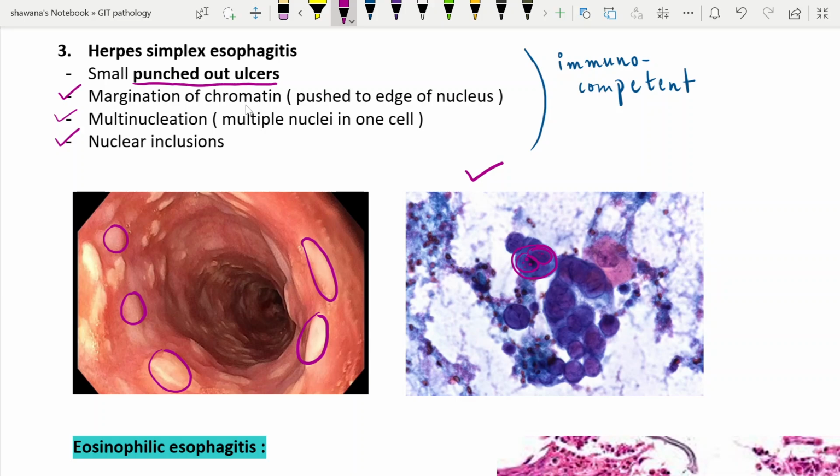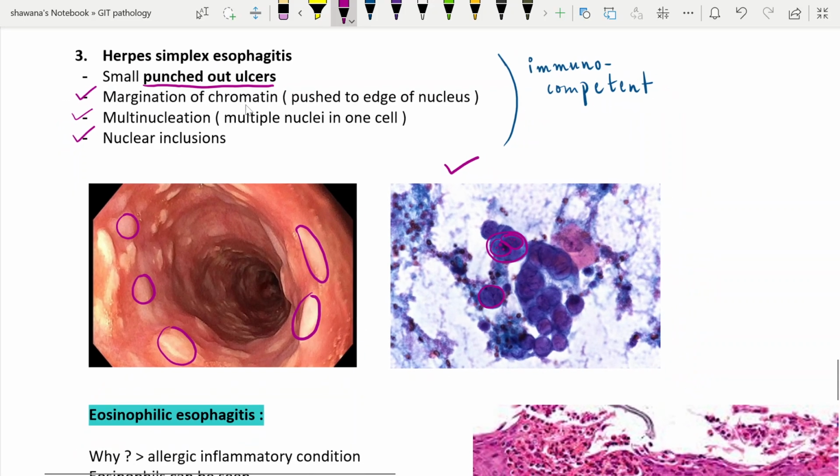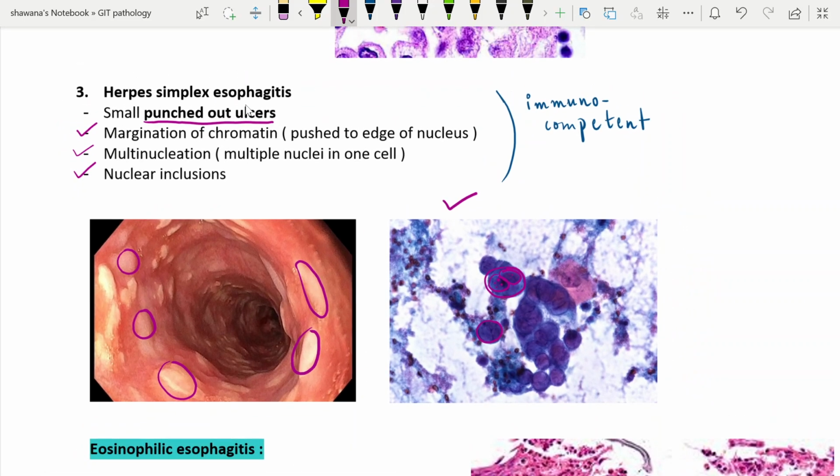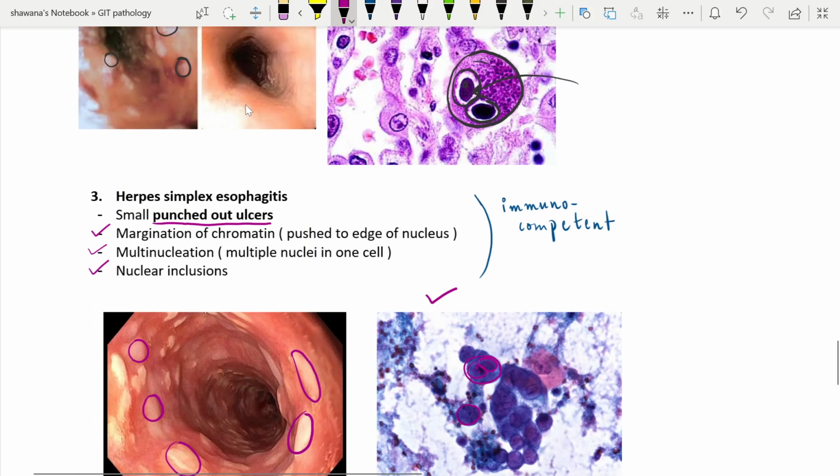And third is margination of chromatin, meaning the chromatin material is pushed towards the edge of the nucleus, so the edges are darker than the cytoplasm. These are very specific for herpes. First is punched out ulcers, second multinucleation of cells, third nuclear inclusions, and fourth margination of the chromatin material.